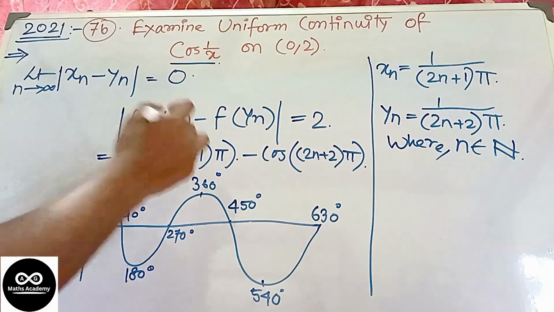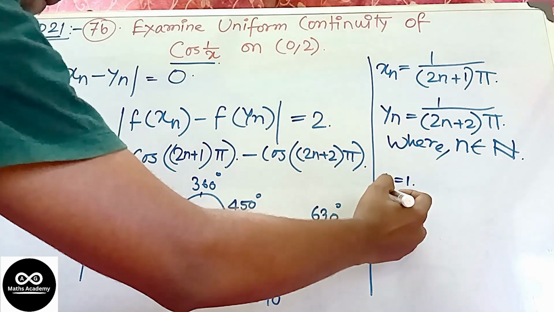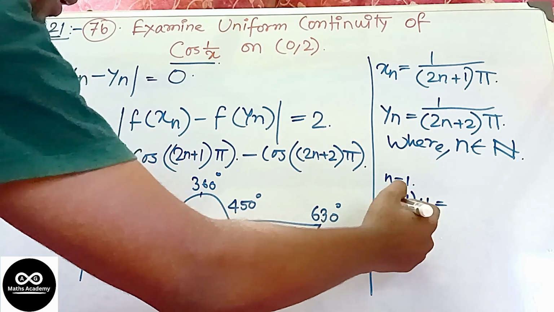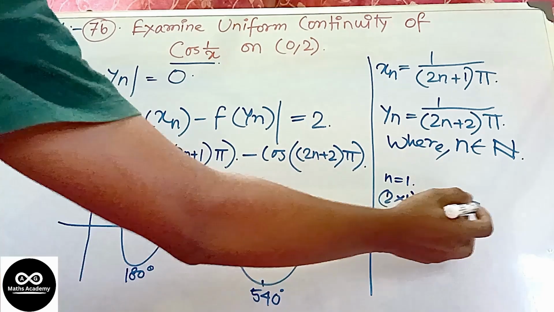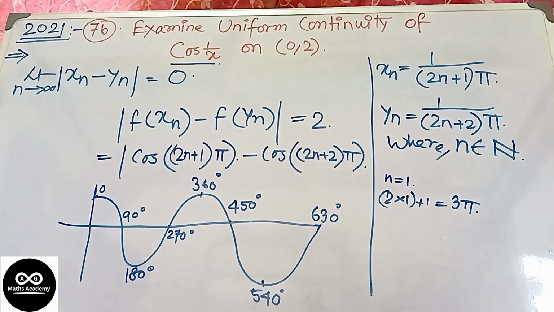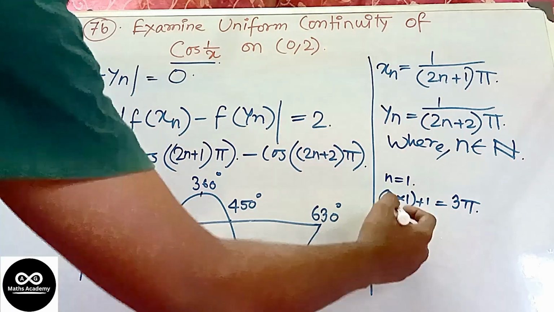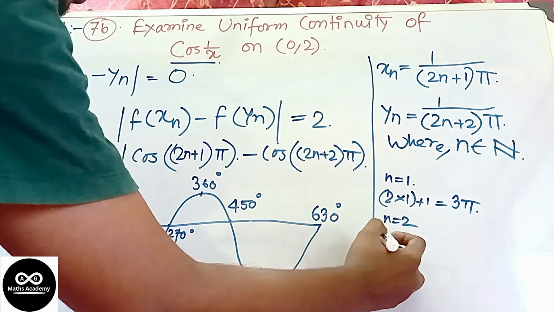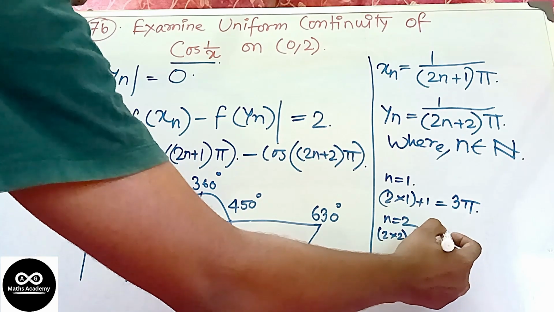If we take n equals 1, this will give us 2 into 1 plus 1, which is 3 pi, which is 540. This will be minus 1. For n equals 2, this will give us 2 multiplied by 2 plus 1. This will be 5 pi.